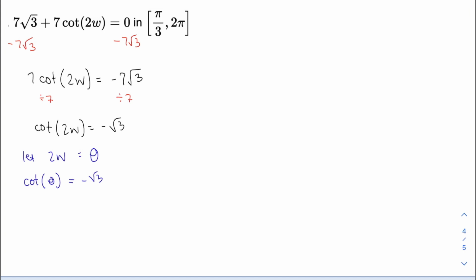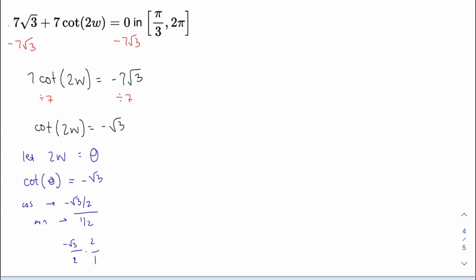Well, remember, for it to be negative radical 3 after keep change flip, that means that I would have had negative radical 3 over 2 over 1/2, right? Because if I keep change flip that, the 2's cancel and it will leave me with negative radical 3. Well, cotangent is cosine over sine.